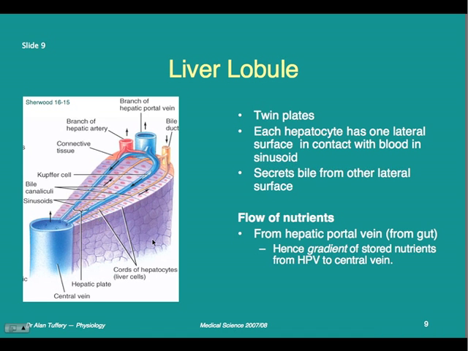Now, you can see that the cells have two surfaces. One in contact with the blood, that's down there, and the walls of these vessels are incomplete. They are called sinusoids, which means they're quite slow-moving blood with incomplete walls, so very good contact between the contents of the blood and the cells. So these are the cells that are detoxifying, dealing with the metabolites.